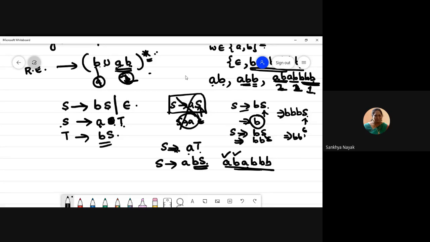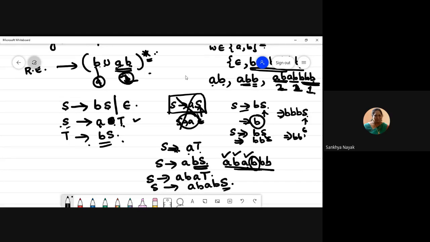Next I want A again. So only way A again I can do is by using this. So S derives ABAT. Correct? So after this I want this B. So obviously T will take care of this. So S derives ABABS. Right?